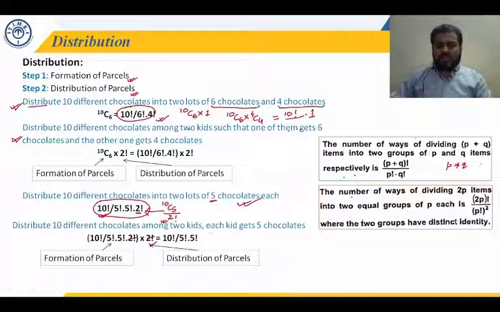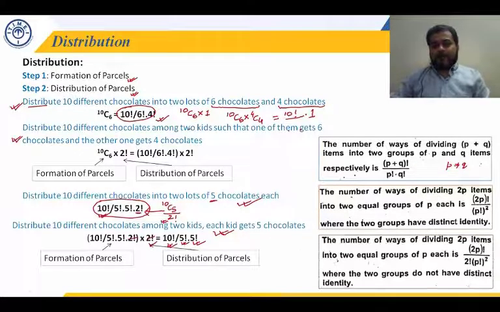Fine. So for example, when you distributed the lots to 2 different kids, then the identities of the parcels became different. So in that case, it will be 10 factorial divided by 5 factorial into 5 factorial.